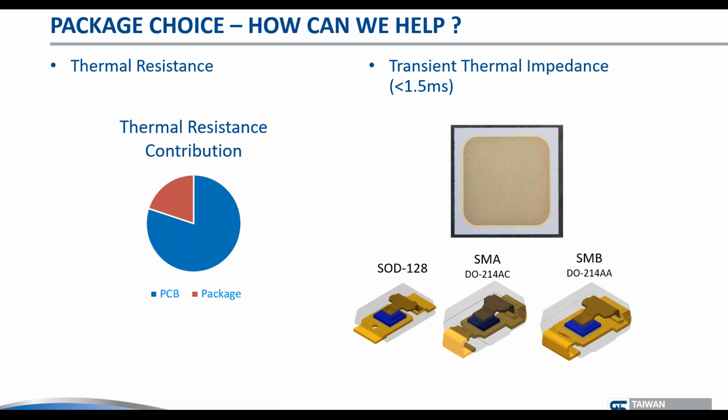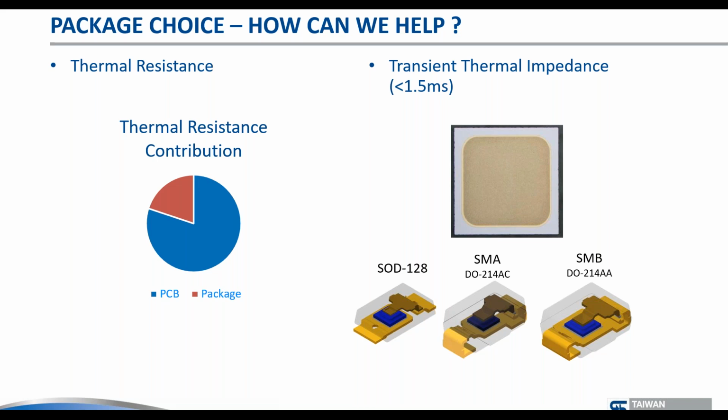That's roughly 20%, and maybe if you use the minimum recommended solder pads, then the PCB is going to be more like 85%. But if you use multi-layer PCBs and that type of stuff, you can get it down to a lower value. So the message here is essentially we can only provide a small contribution when it comes to thermal resistance. We'll talk a little bit more about it later on.